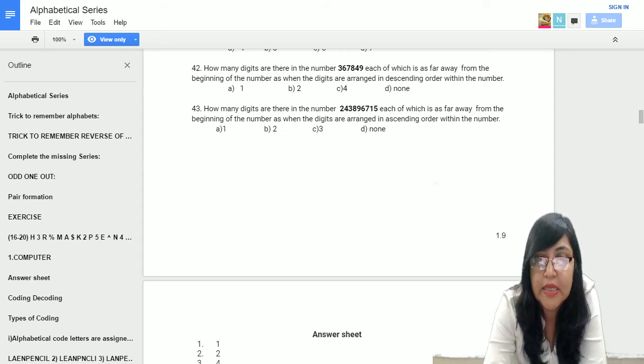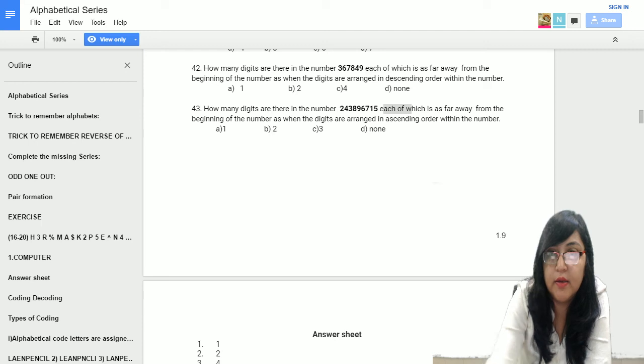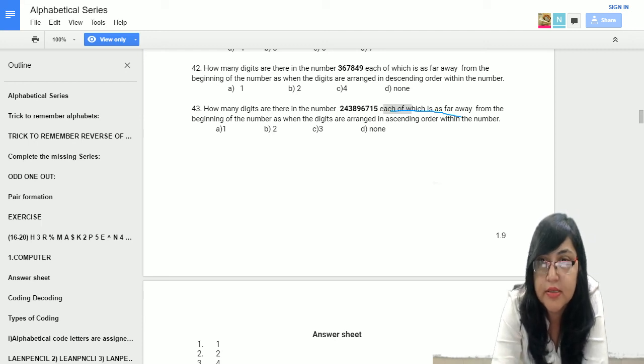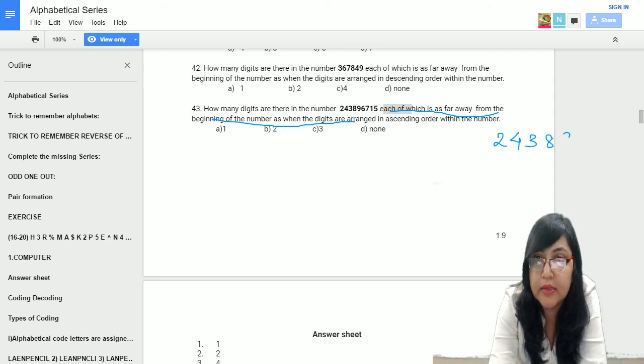Okay. So see, the only thing that you cannot understand over here is this part, each of which is as far away from the beginning of the number as when the digits are arranged in ascending order. So what they are saying is they are giving you a number 243896715.